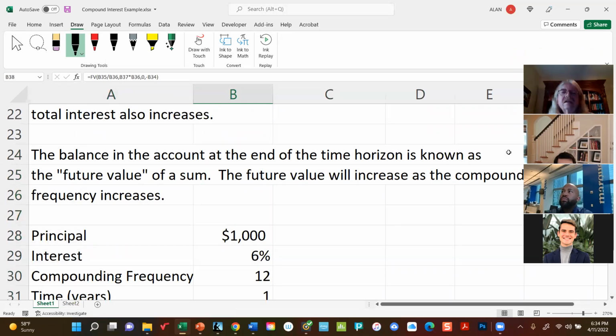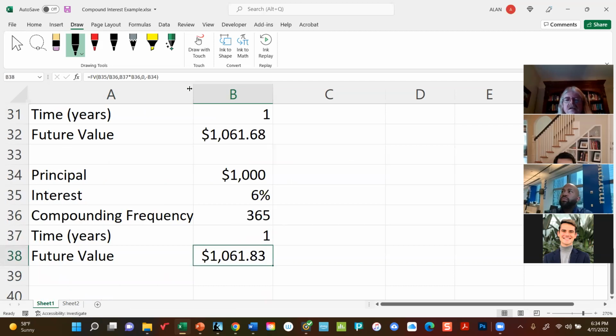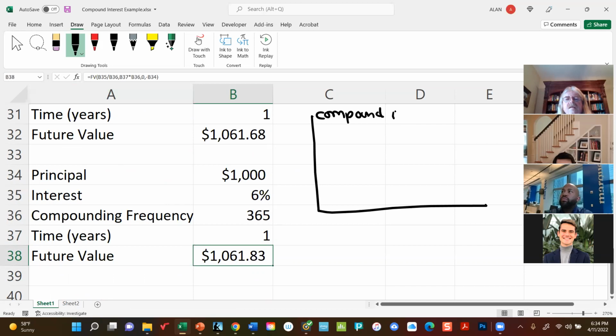You would discover that the compound interest increases, but it increases very quickly at first, and then it levels off pretty fast.